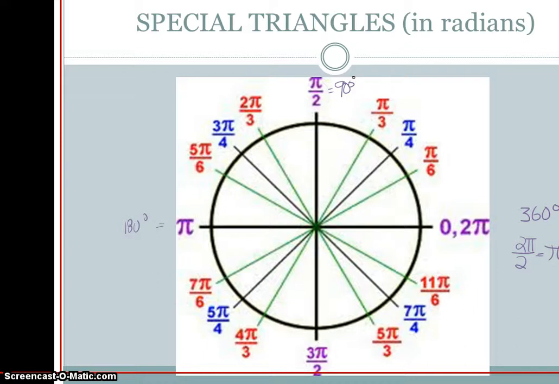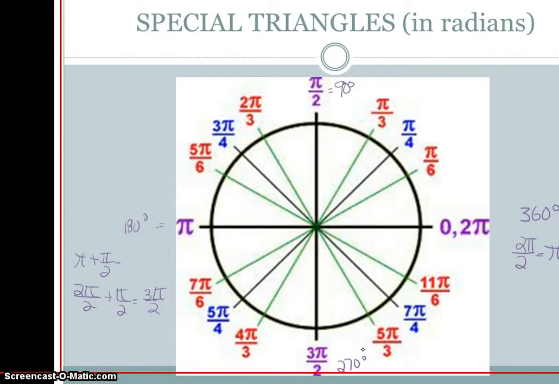And if you add half pi onto pi, so pi plus pi over 2, you're going to get 2 pi over 2 plus pi over 2. That's going to be 3 pi over 2. And 3 pi over 2 is right here. Remember that pi over 2 is 90, so when we add another 180, we're going to get 270. So 270 degrees.